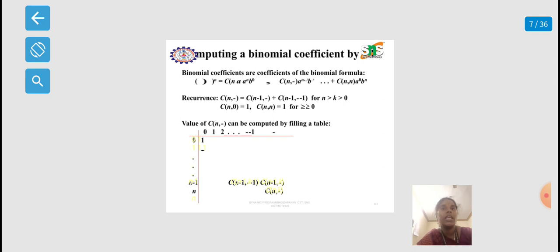It is an initial condition. Else C of i comma j becomes C of i minus 1 comma j minus 1 plus C of i minus 1 comma j, the recursive relation, and return C of n comma k.